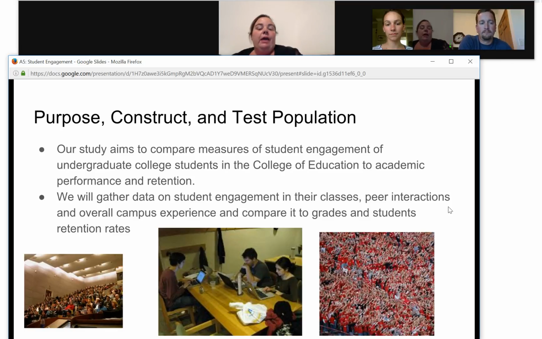To do that, we will gather data from student surveys in our class on things like peer interaction, overall campus experience, and classroom experiences, and compare that to grades and attrition rates in the college.